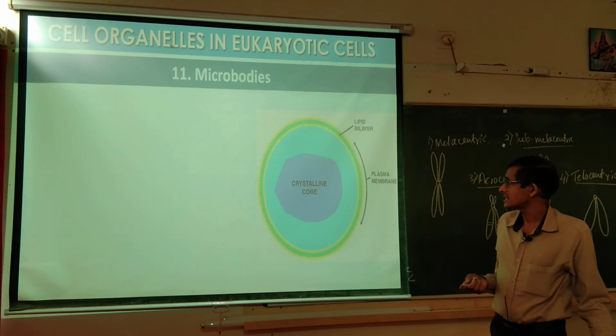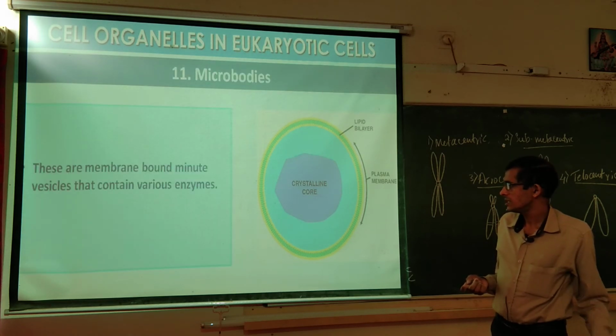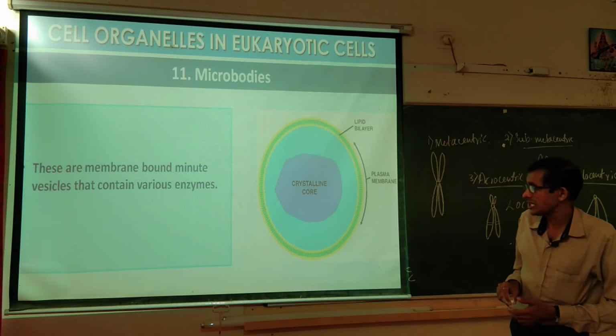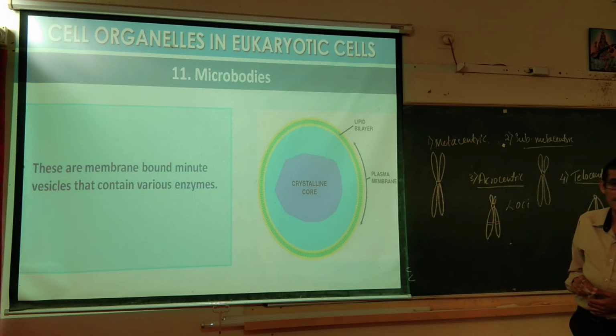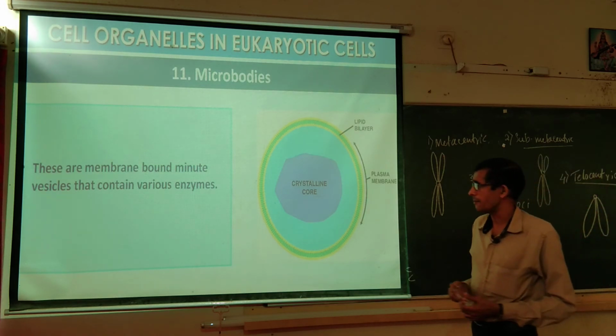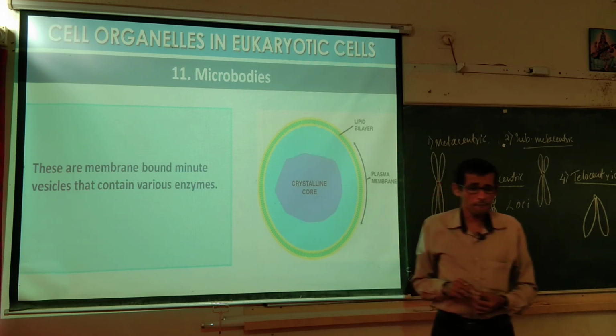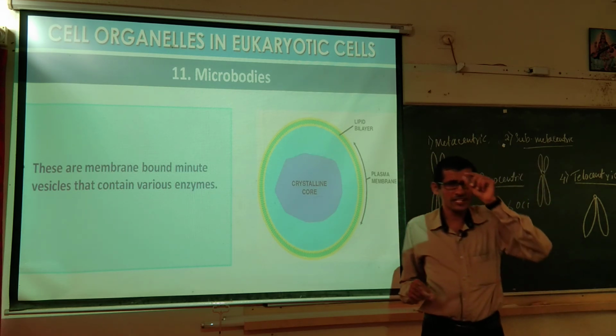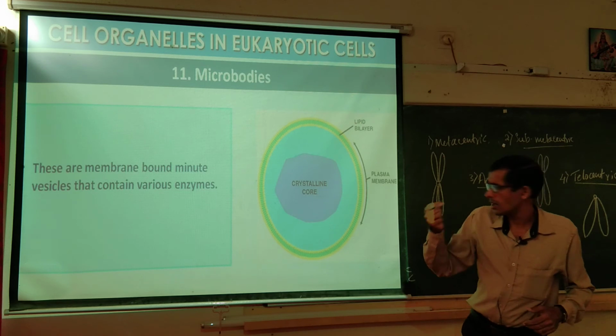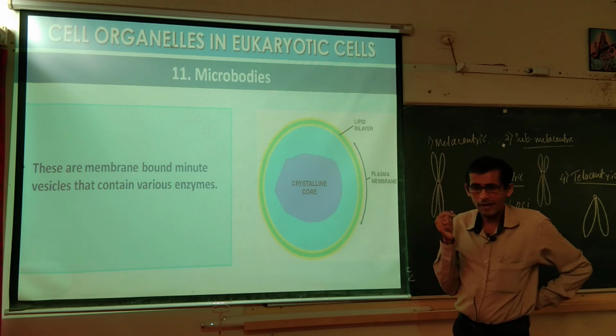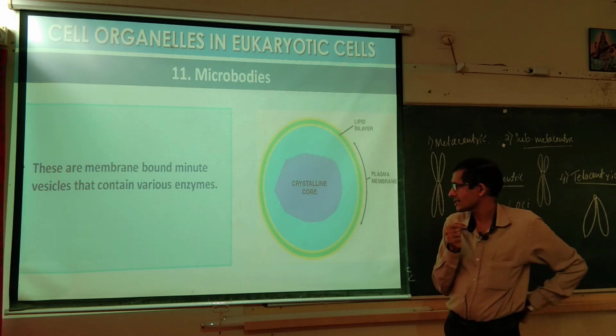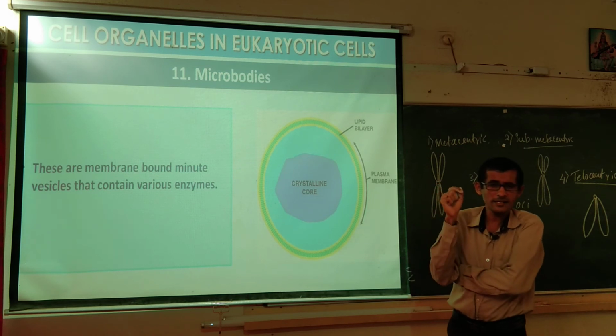The next one is the microbodies. These are membrane bound minute vesicles that contain various enzymes. What is meant by microbodies? These are membrane bound structures, very minute, very small, a vesicular structure containing various enzymes.